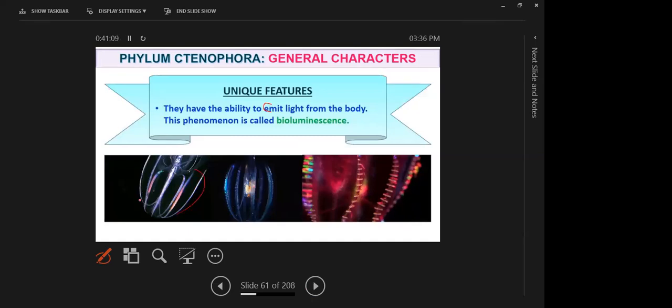They look so beautiful, sometimes giving even VIBGYOR and white light. Ctenophores are very, very beautiful organisms.